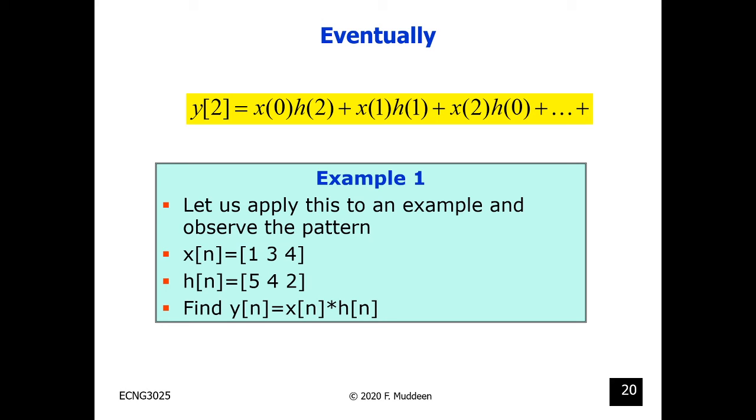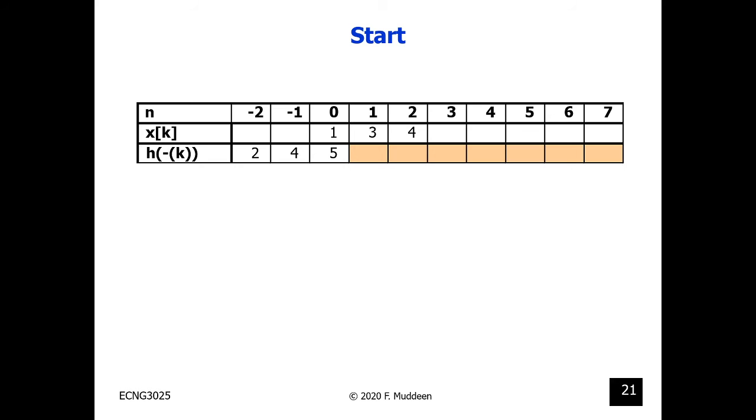Because we're dealing with x of n and h of n, the first thing that we need to do is to flip the h of n signal accordingly, because now we're going to be dealing with respect to x of k and h of k. So x of k here is 1, 3, 4 and h of k is 5, 4, 2, but because we flipped the h of k signal to h of minus k, it's now going to be 2, 4, 5. We then arrange this accordingly into what we refer to as a convolution table here.